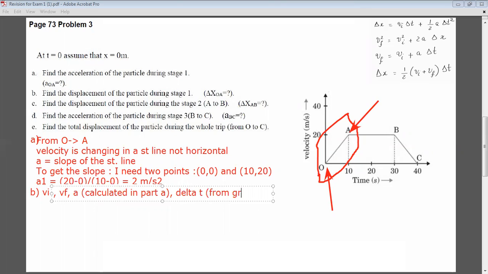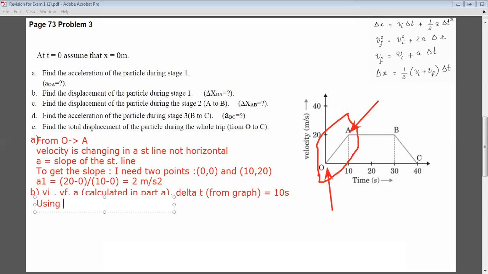From the graph, it's equal to 10 seconds. And the question is asking me to calculate delta x. So I have the initial, the final, acceleration, delta t. What would you like to use to get delta x? I can use the first one, the second one, or the last one.